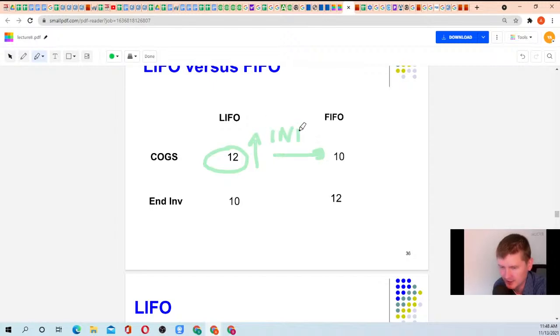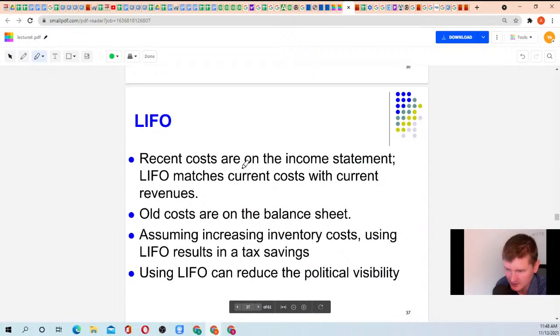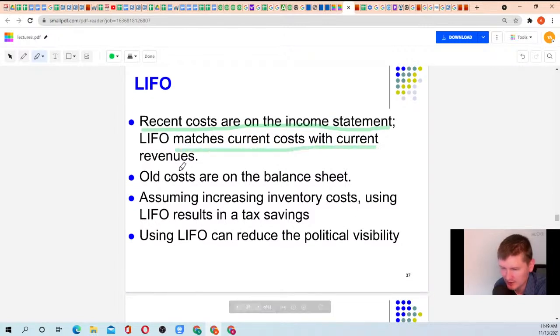That's due to inflation. If our inventories go down in value, our FIFO cost of sales might be higher than our LIFO cost of sales. Recent costs are on the income statement, matching current costs with current revenues. Old costs are on the balance sheet. That's for LIFO. Assuming an increase in inventory stock, LIFO results in a tax savings.